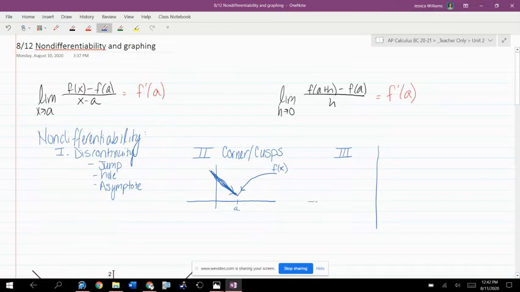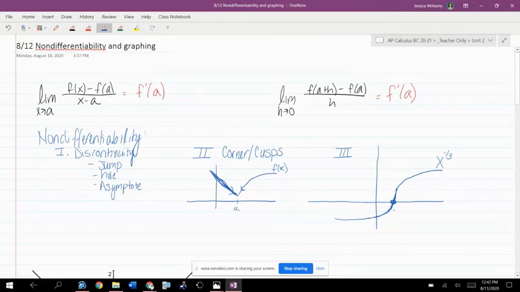is a situation where your function is trucking along just fine, but then it shoots vertical for just a second. And there are quite a few functions that do this. X to the 1/3 is my favorite example. So if I have x to the 1/3, this is not exactly x to the 1/3 because it would sit at the origin, but that's fine.